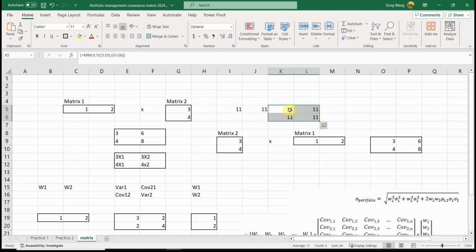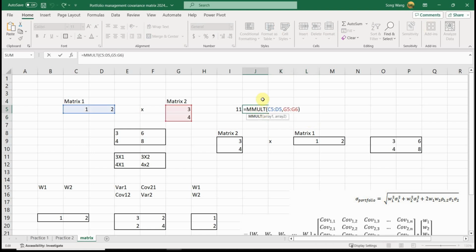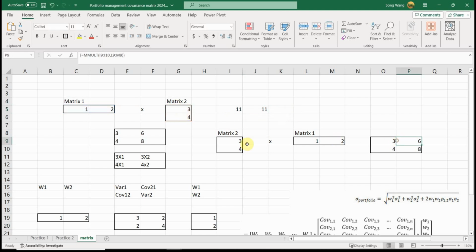Which means I don't need to select the 4 cells. I just need to select 1 cell, which is this cell. Just 1 cell is good enough, because the output will be just one single number if I start with a row and multiply by a column. If I use a column first and multiply by a row, that's going to be a very different situation.